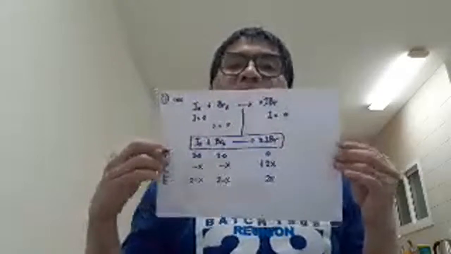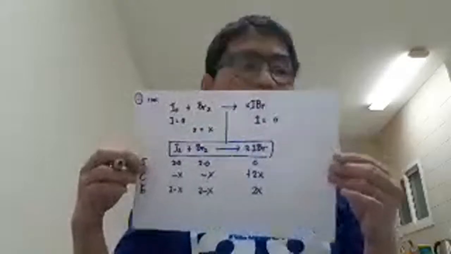And now, the equilibrium constant expression, Kc. Kc: the concentration of the product IBr raised to the power 2, because there's a coefficient 2 and you have to raise that in the exponent, over I2 and Br2.